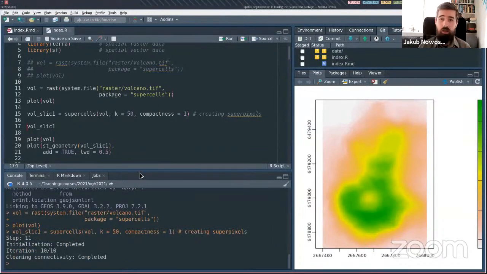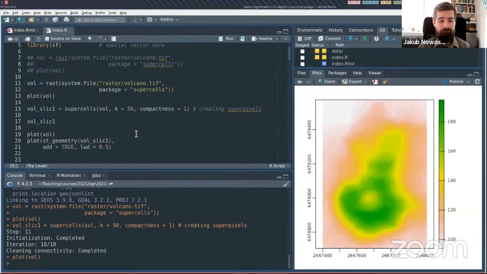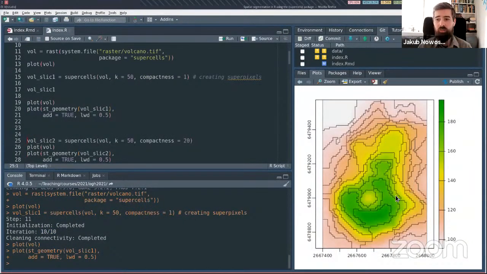And the whole processing of this function, or most of the processing, is done in C++. So as you can see here, it is fairly fast. We've done 10 iterations, and by default, it also cleans the data. And now we can see the output.